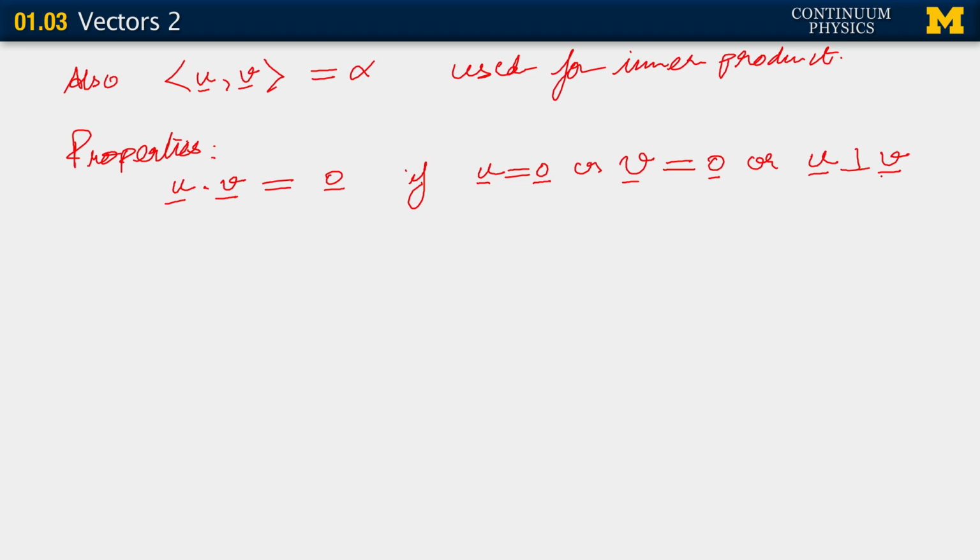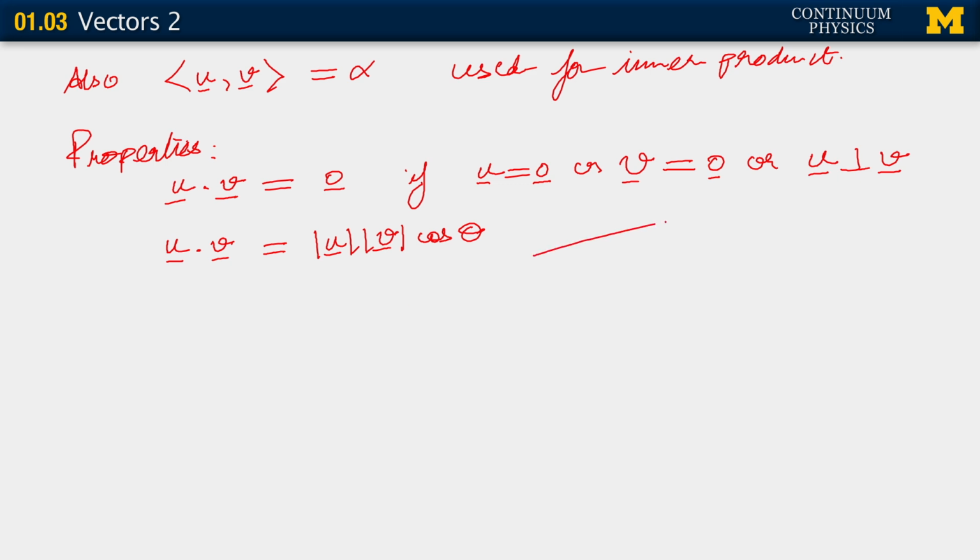We also know that mathematically the way u dot v is written is the following. U dot v is the magnitude of the u vector times the magnitude of the v vector times the cosine of the angle between them, right?